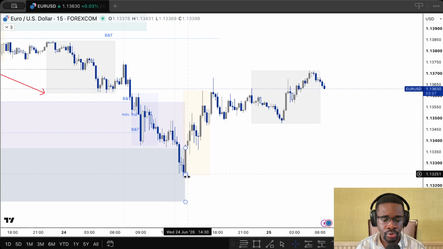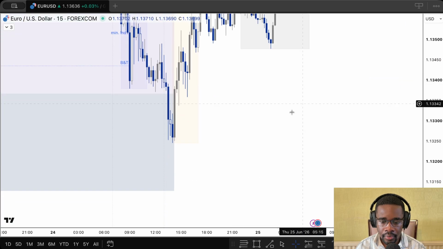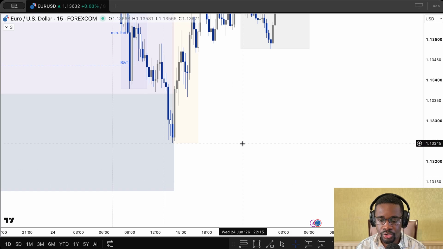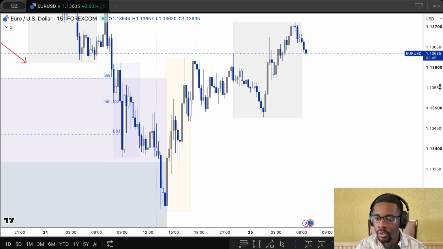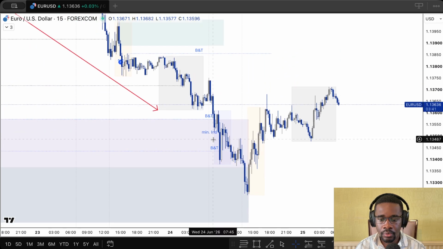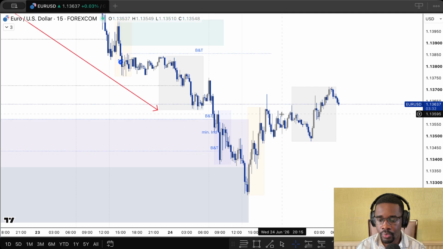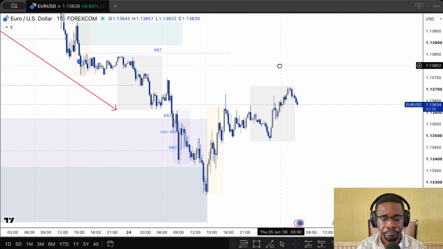Price did start to push up during the New York session. As you can see, of course, price did continue to push a bit lower until New York. That's when we had that reversal to the upside.